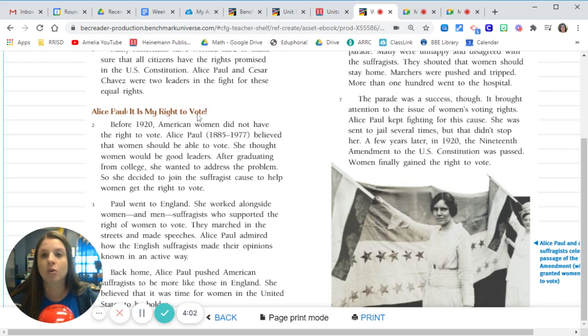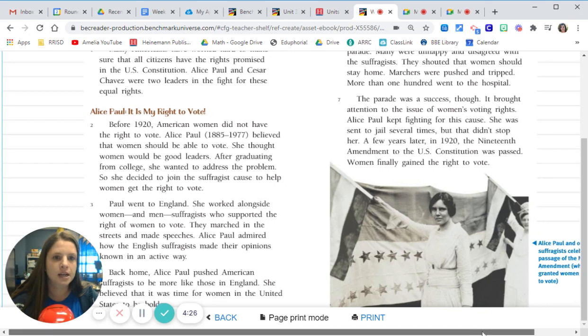And what I know already about rights to vote is that when voting first started happening in the United States, only white men could vote. And a lot of people that I've known before named Alice were females. So I'm guessing that Alice in this case is probably also a female, and maybe she's fighting for her right to vote.